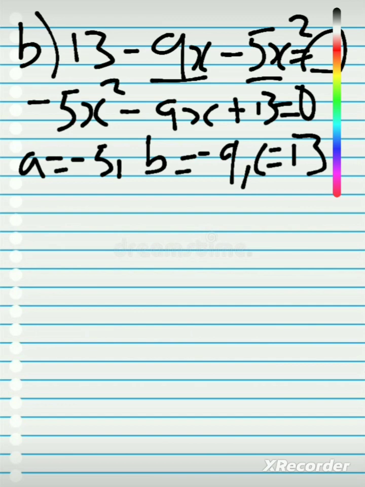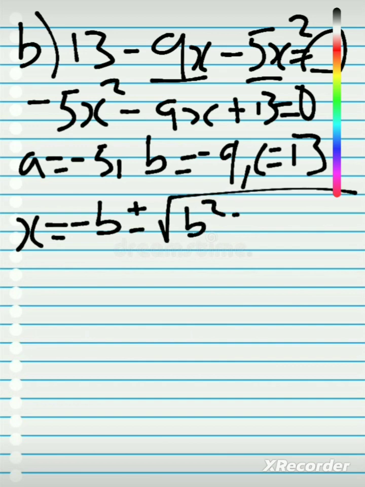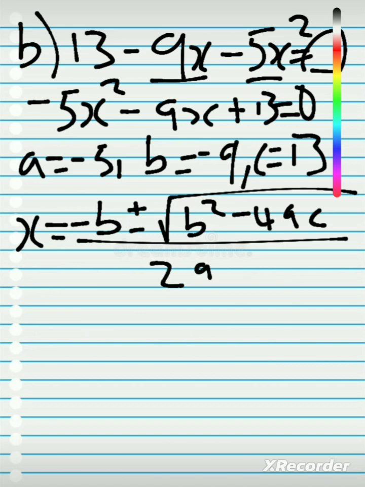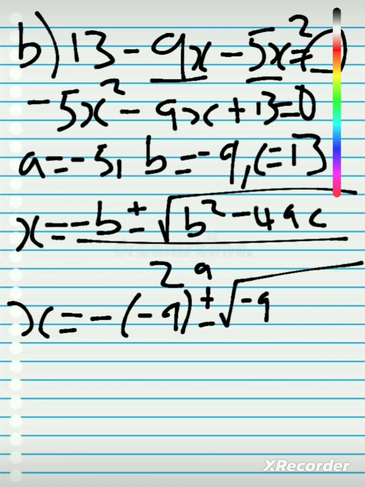So x is equal to negative b, positive or negative square root of b squared minus 4ac over 2a. Let me write it so that it's visible.